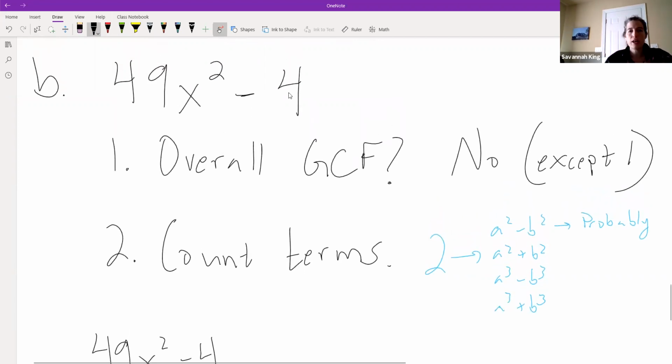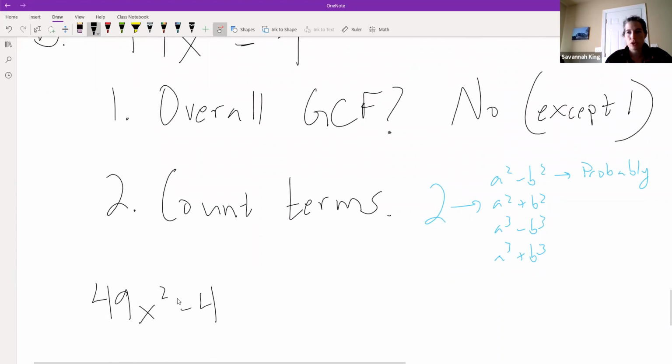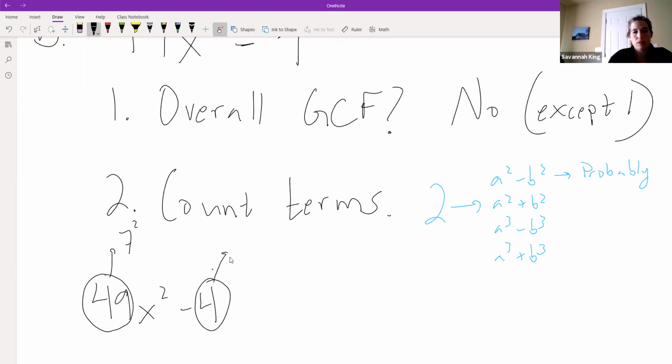Okay, now 49 and 4, after you've done a few of these problems, numbers like that will start jumping out at you because 49 is 7 to the second power, so we call 49 a perfect square. And then 4 is 2 to the second power, also a perfect square there.